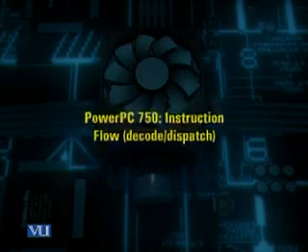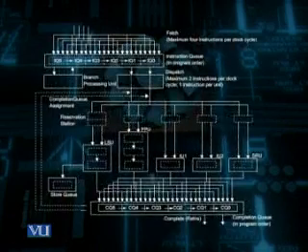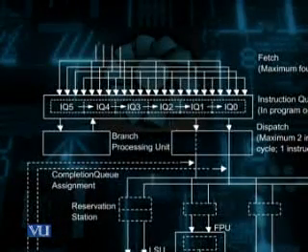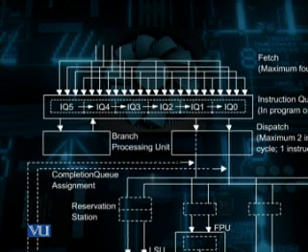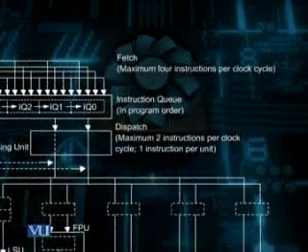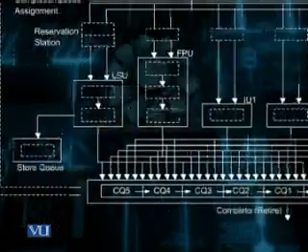Now here, if we refer to the instruction flow diagram which we showed you earlier, and it is shown here again, you can see that there are 6 general purpose registers which are used as rename registers. There are 6 floating point rename registers, and there is 1 each for CR, LR, and CTR.